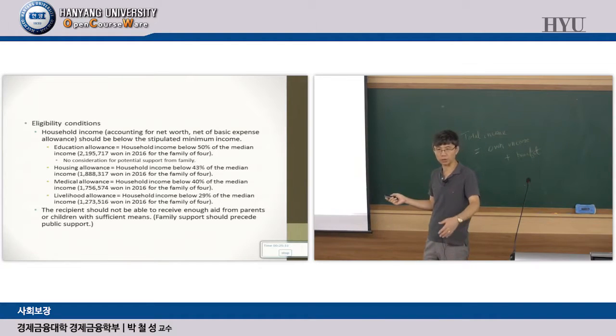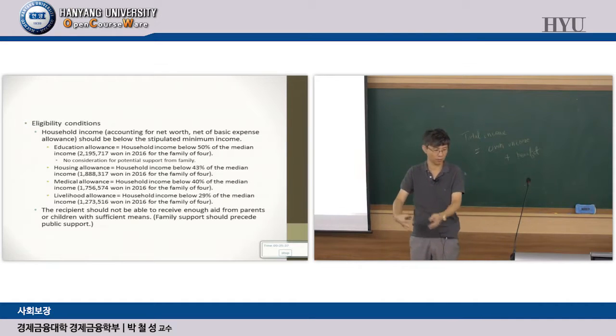Each year, the government announces in advance next year's minimum cost of living for households of size 1, size 2, size 3, because obviously size makes the minimum cost of living increase. Then they compare the household income to that number to see whether the household is eligible or not.